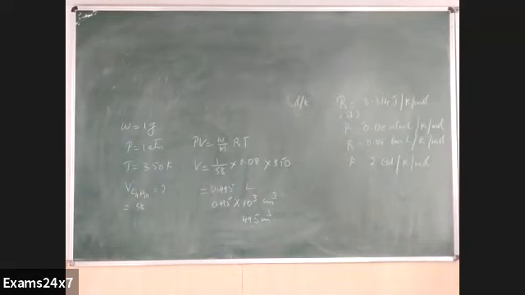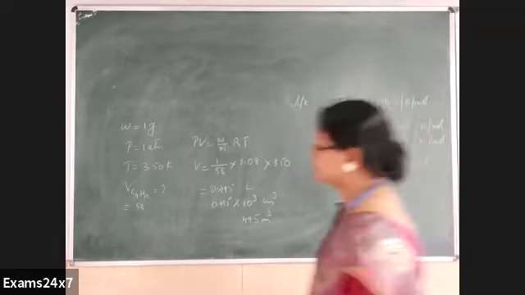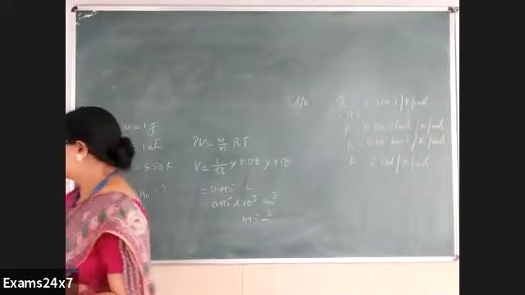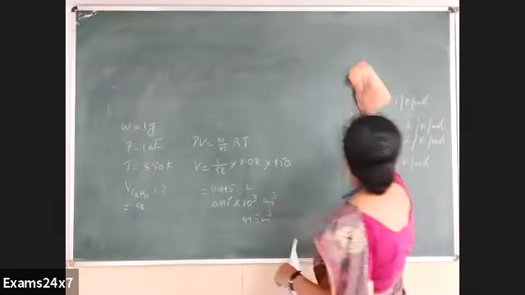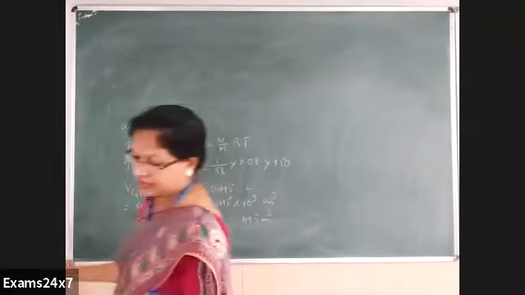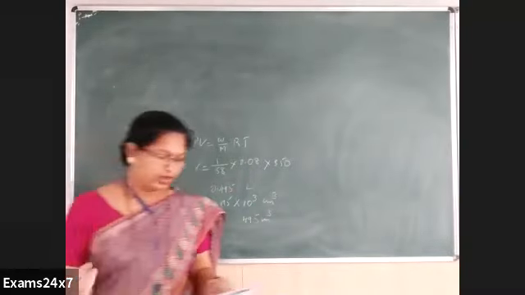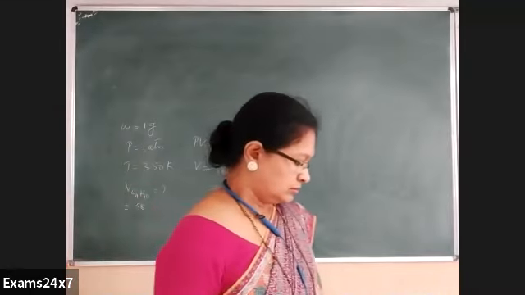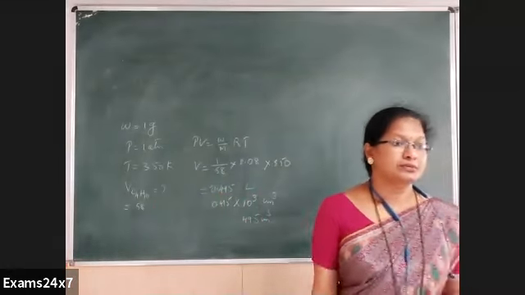15. At what temperature in Celsius scale will the volume of a certain mass of a gas at 27 degrees Celsius be doubled, keeping the pressure constant? Can you guess which law this question is based on? Pressure is constant, volume and temperature relation is asked.